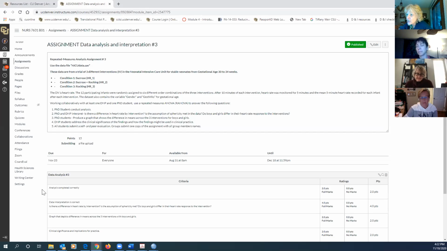So the question is, is there a difference in heart rate by intervention? It's not saying anything about gestational age. And then the second question is, do boys and girls differ in their heart rate response to the intervention? So you don't do anything with gestational age for this assignment.